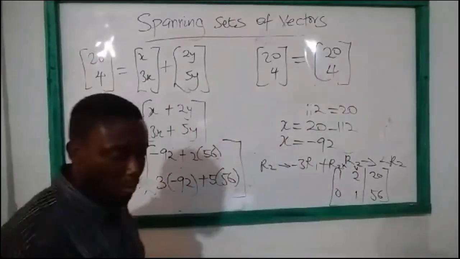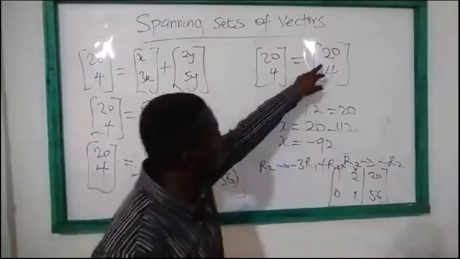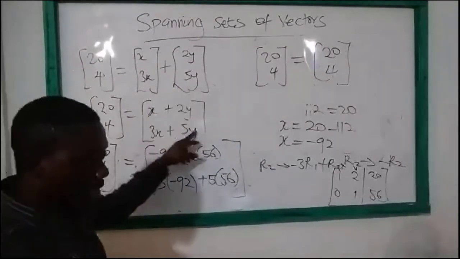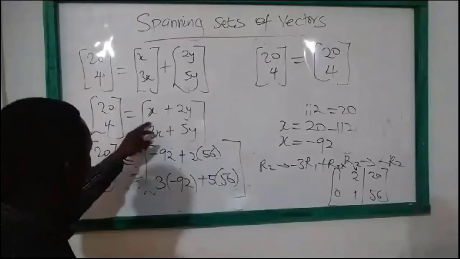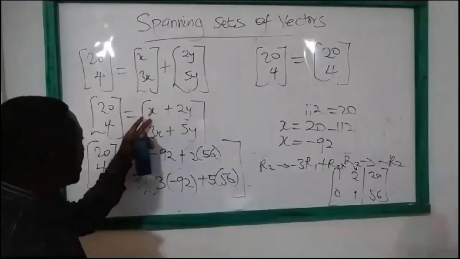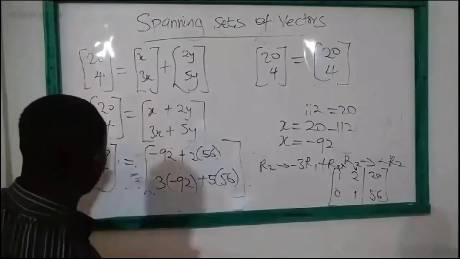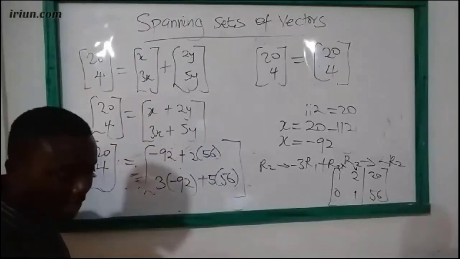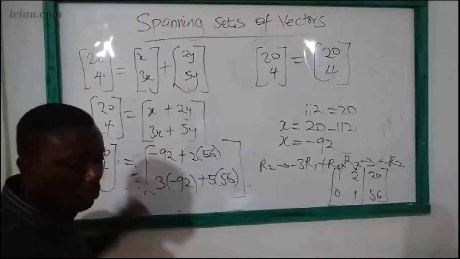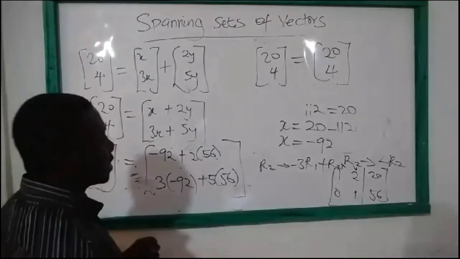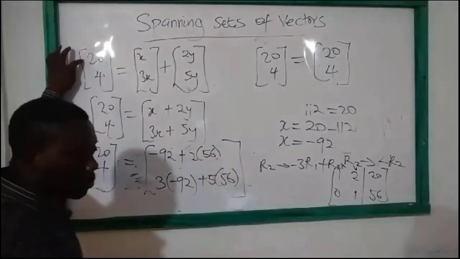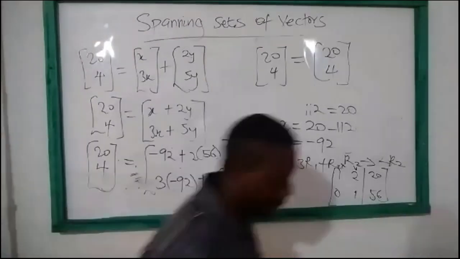So you get 4. Once this set of vectors with the scalars that was unknown, now we've been able to identify these unknown scalars, and by replacing them, we have gotten the vector that was given in the question. So you can now conclude that the set of vectors that was given spans with the vector 24.